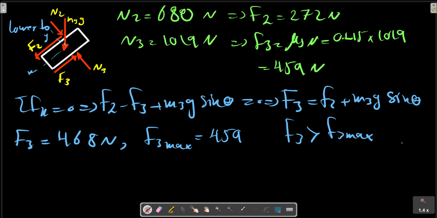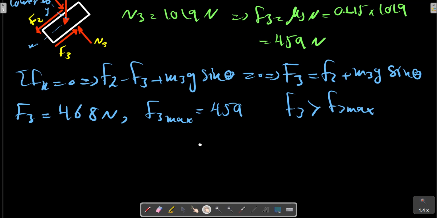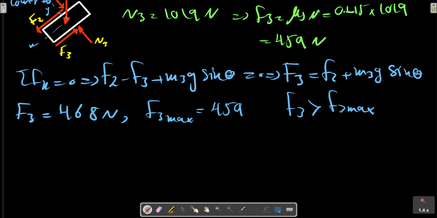We conclude therefore that slip occurred first between the 40 kilogram block and the incline with the corrected force. So our assumption that the middle block is impending to slip is incorrect. So we are going to calculate with F3 equal to the maximum value with this free body diagram.